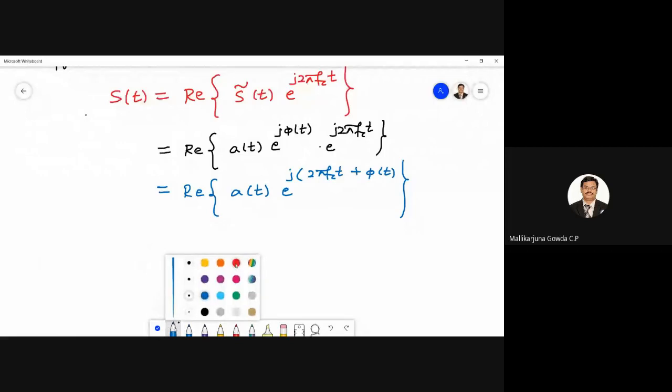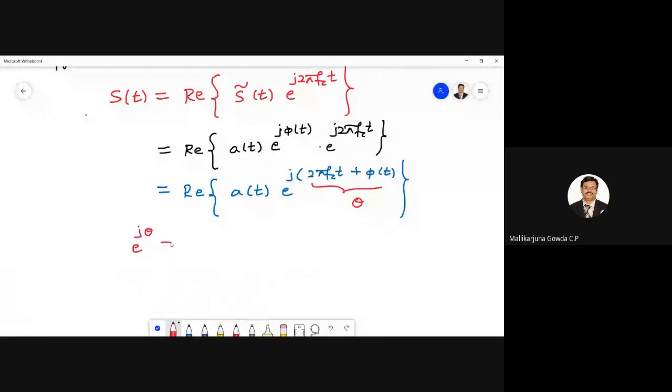Yeah. So now let me call this just theta. Okay. So I know how to express e power j theta. e power j theta is equal to what? Any one of you can say? Cos theta plus j sin theta.